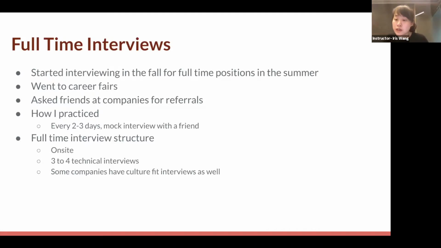Someone asks, how long into your experience will they ask you design questions? I think there's a difference between design questions and architecture questions. Architecture questions are asking you to architect a system that can handle a lot of load. You might get asked design questions like, design a tic-tac-toe game, where they're testing your OOP design skills.